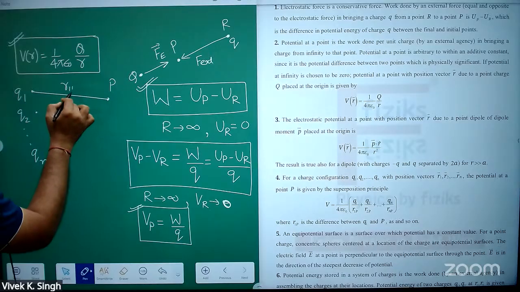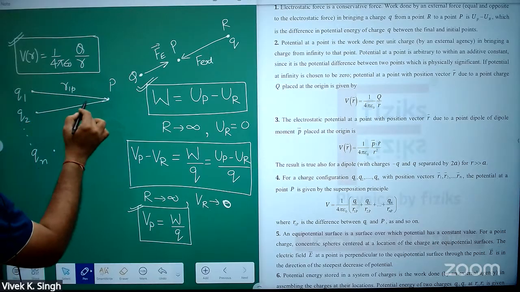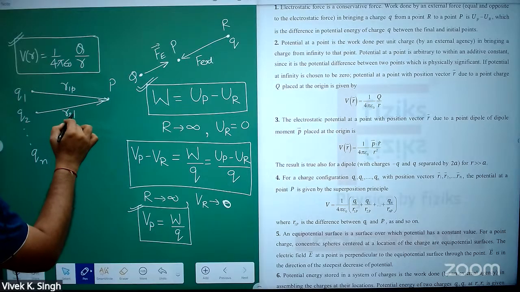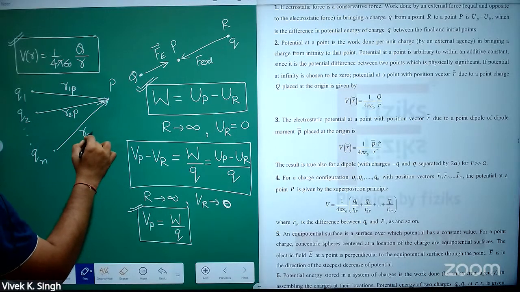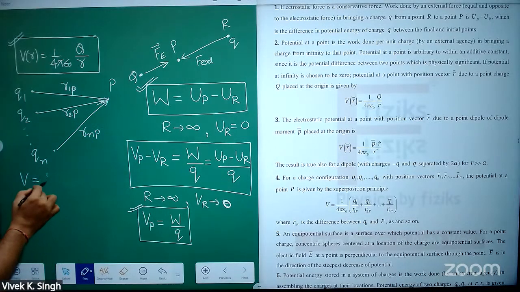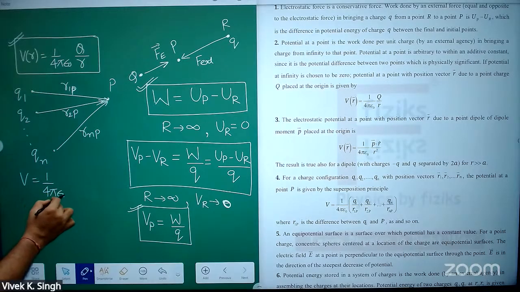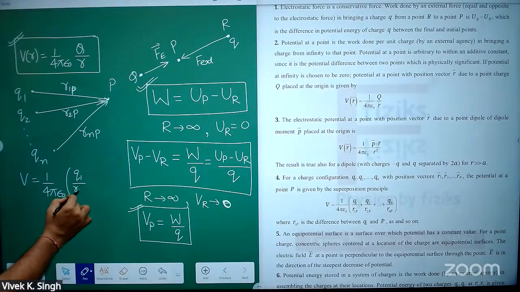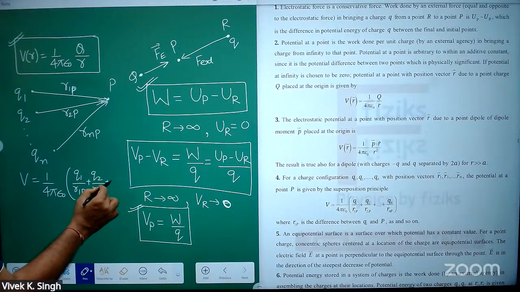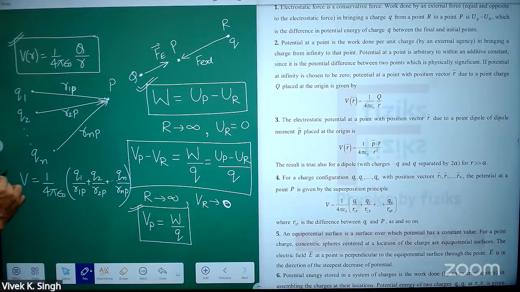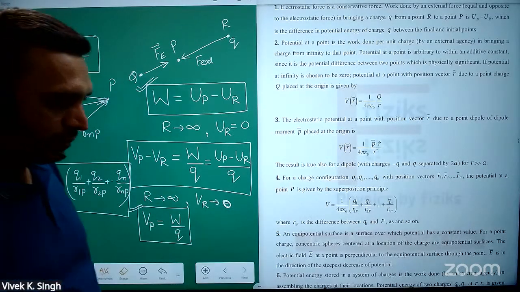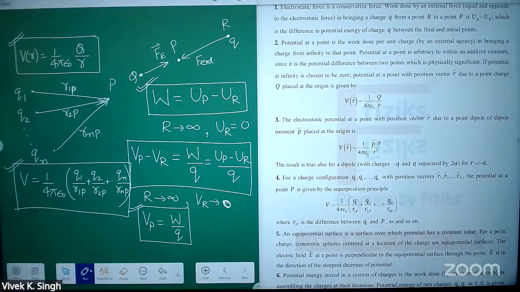This will be R1P, this is R2P, this is RNP. So potential is the scalar sum: 1 by 4 pi epsilon naught, Q1 by R1P plus Q2 by R2P, and so on, plus Qn by RnP. So find out the potential due to individual charges and then take the scalar sum. ठीक है? Clear?